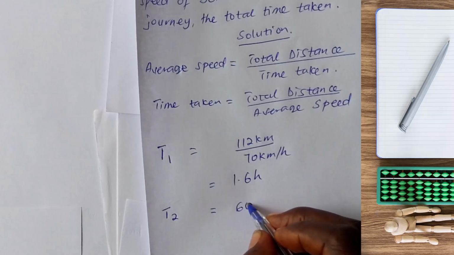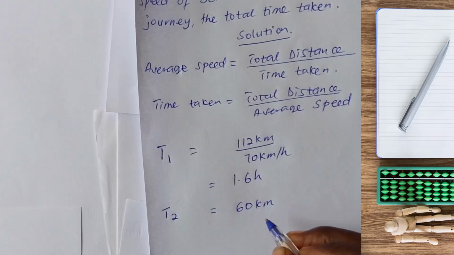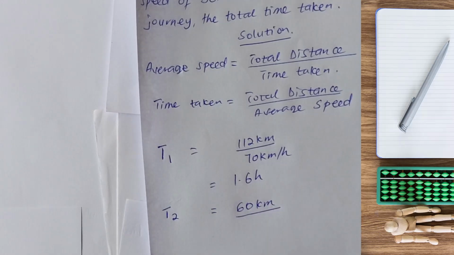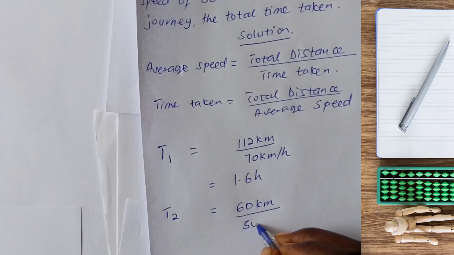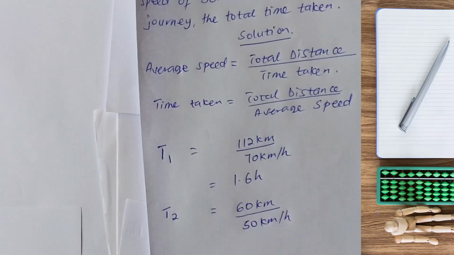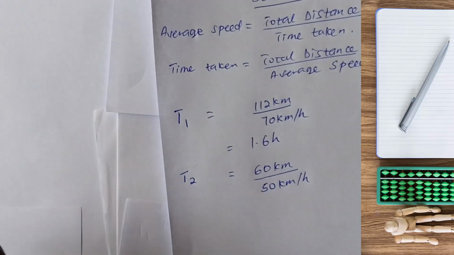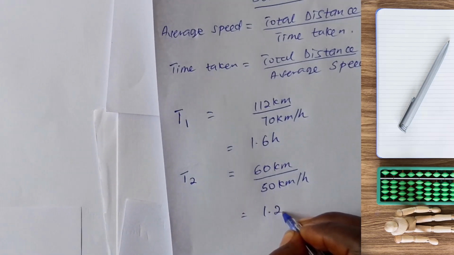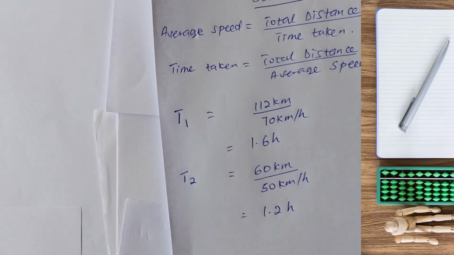So that is 60 kilometers all over the speed for the second part, which is 50 kilometers per hour. Dividing 60 by 50 gives us 1.2 hours.